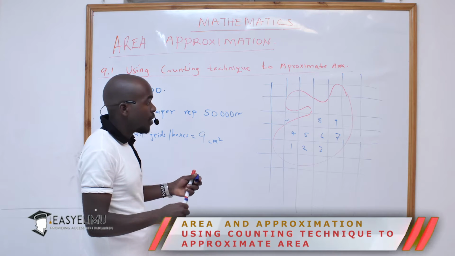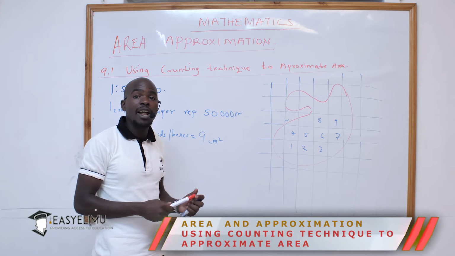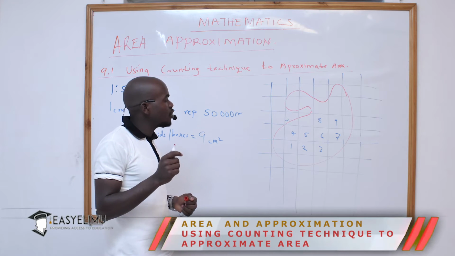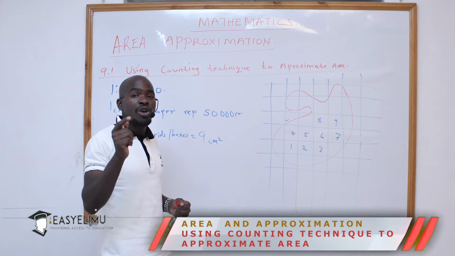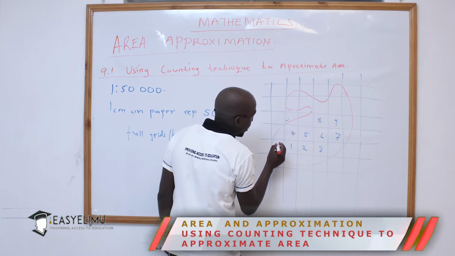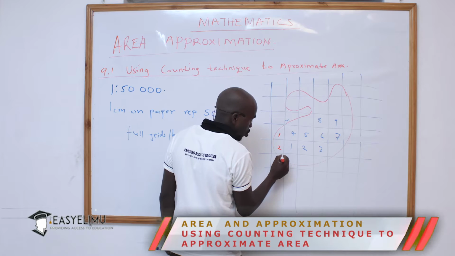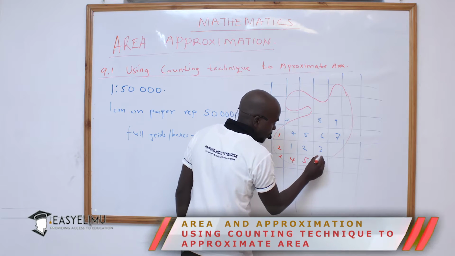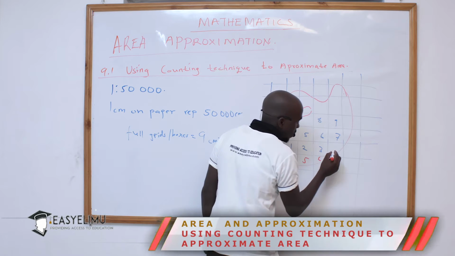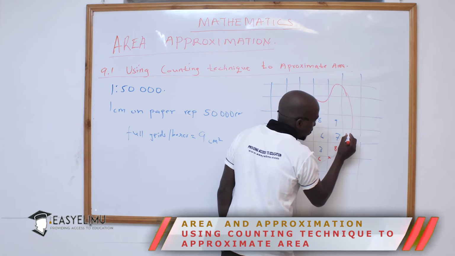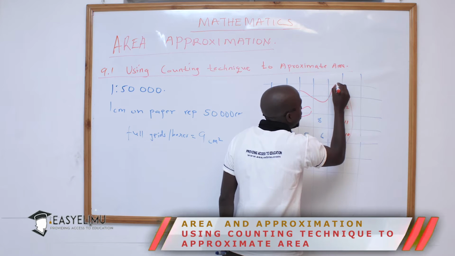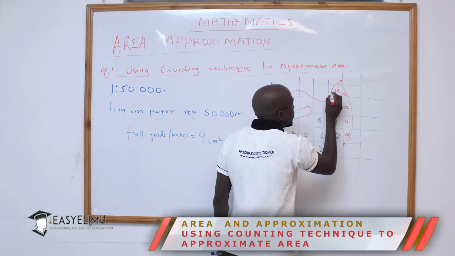So we now count the incomplete ones, and we treat each incomplete box, even as little as it is, as a half. For instance, here we count 1, 2, 3, 5, 6, 7, no matter how small it is, 8, 9, 10, 11, 12, 13, 14, even here 15.